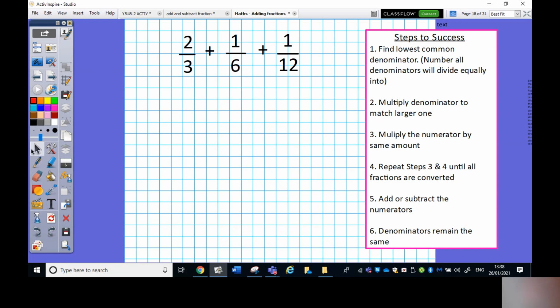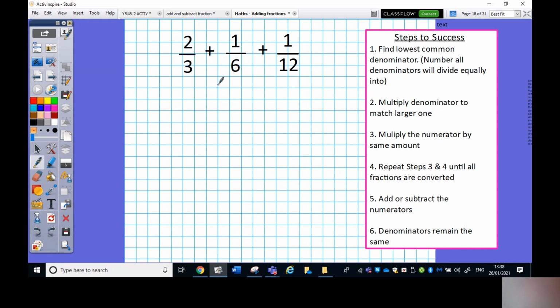Have a think. You thought of a number? You'll find them in the 3 times tables, the 6 times tables, and also the 12 times tables. Tell me. Good, yeah, I thought of one. It's 24, because 3 times 8 equals 24, 6 times 4 equals 24, and 12 times 2 equals 24.